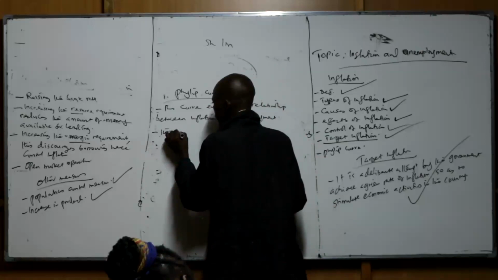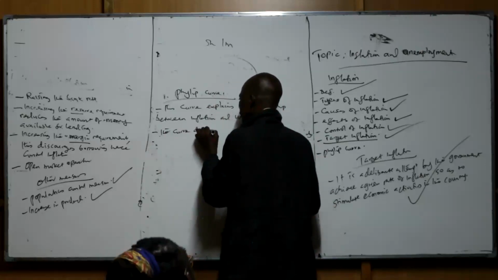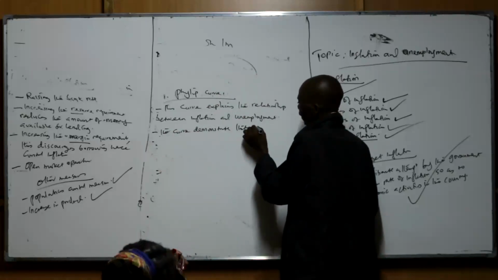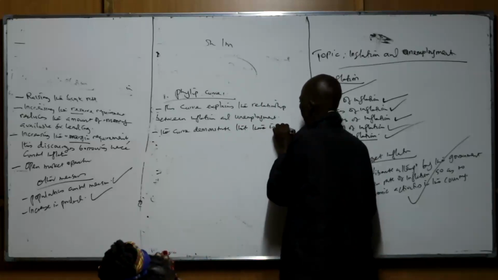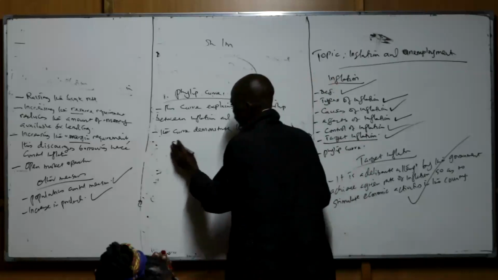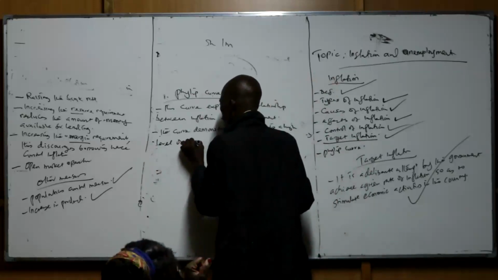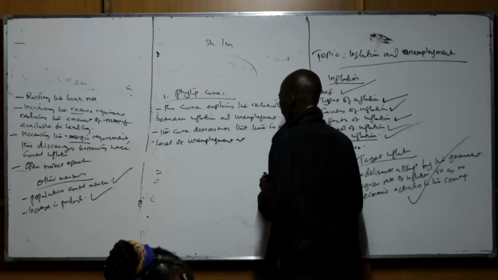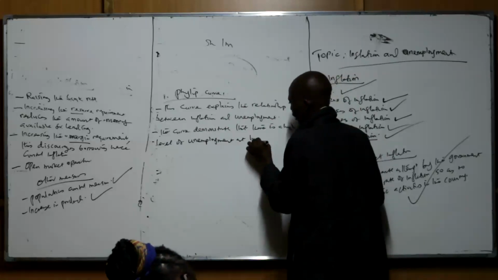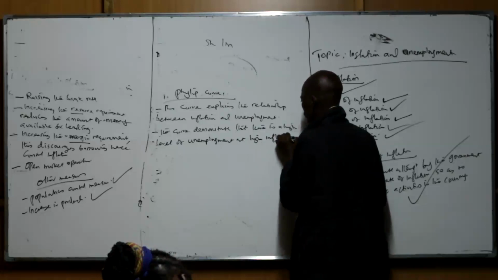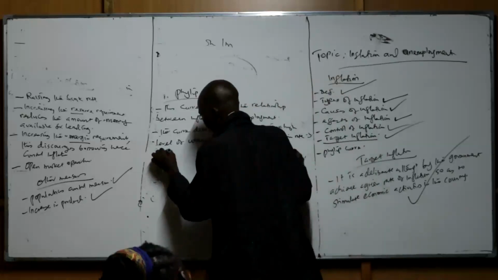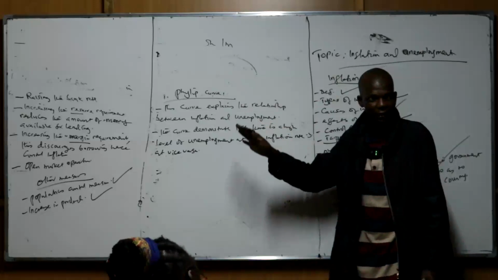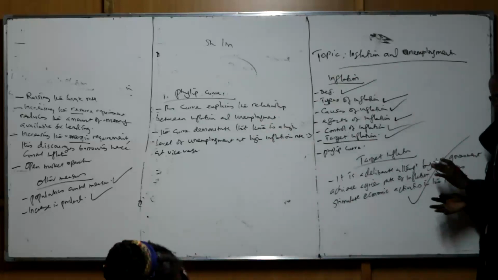The curve demonstrates that there is a high level of unemployment at low inflation rates and vice versa. So this curve is actually the basis of looking at target inflation.